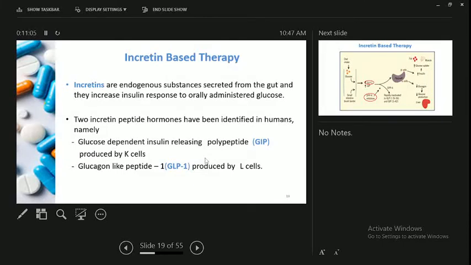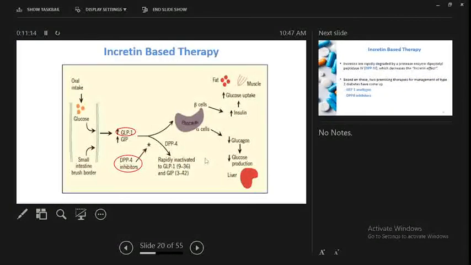So let's briefly look at these medication classes. The GLP-1 receptor agonists and the DPP-4 inhibitors belong to the class called incretin-based therapy. What are these incretins?